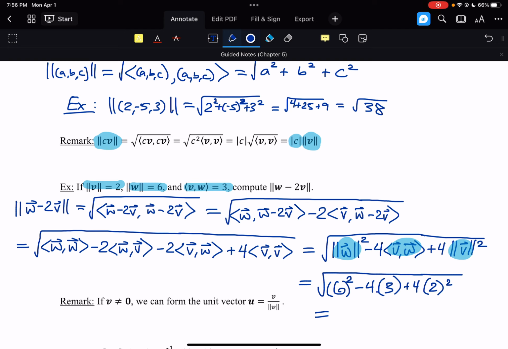So that's 52 minus 12. So that's the square root of 40, or 2 root 10 if you like. That would be the length of this new vector w minus 2v, found without ever knowing exactly what w and v are, but just by using properties of the inner product and the predefined values here.